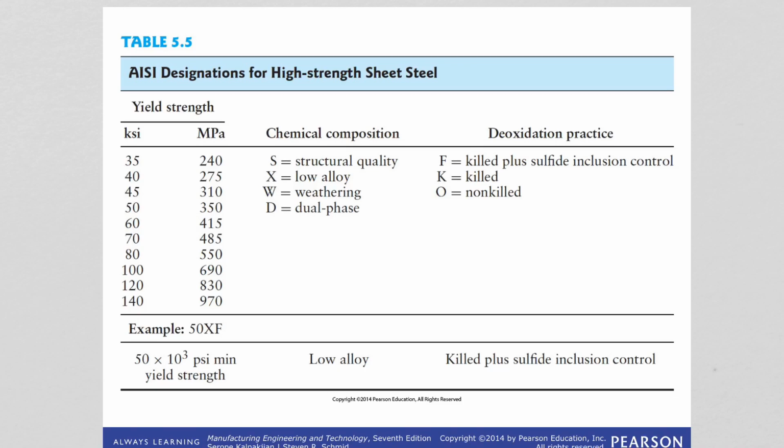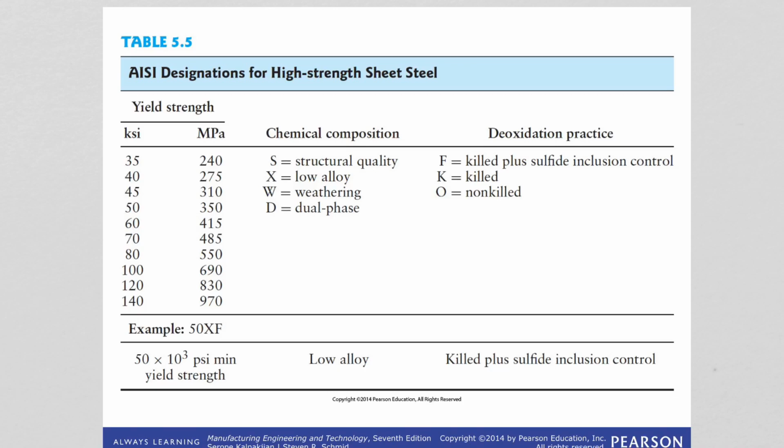When we say W, it's weathering. Weathering means the alloy has environmental corrosion resistance compared to other steels, and contains silicon and chromium in various combinations. And the formability of these sheet steels is graded by the letters F, K, and O. F being killed plus sulfide inclusion control, K is killed, O is non-killed.